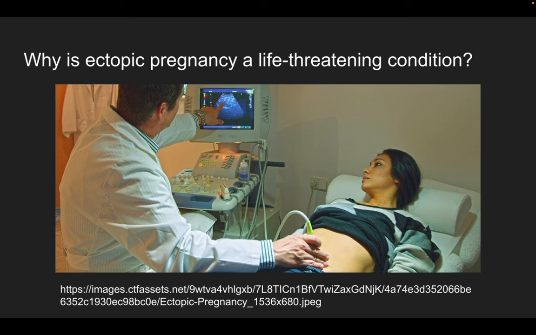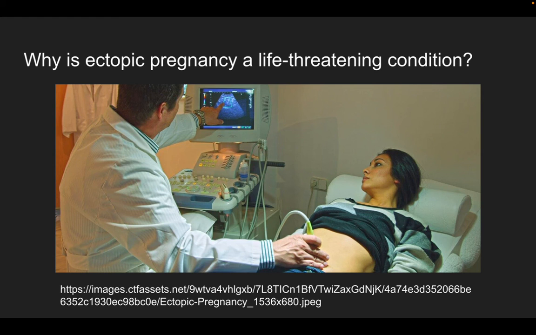And so it can cause the fallopian tube to rupture if it continues to grow there. Then extreme abdominal bleeding will most likely occur as a result of this rupture and may result in death without timely surgical intervention to remove the pregnancy.